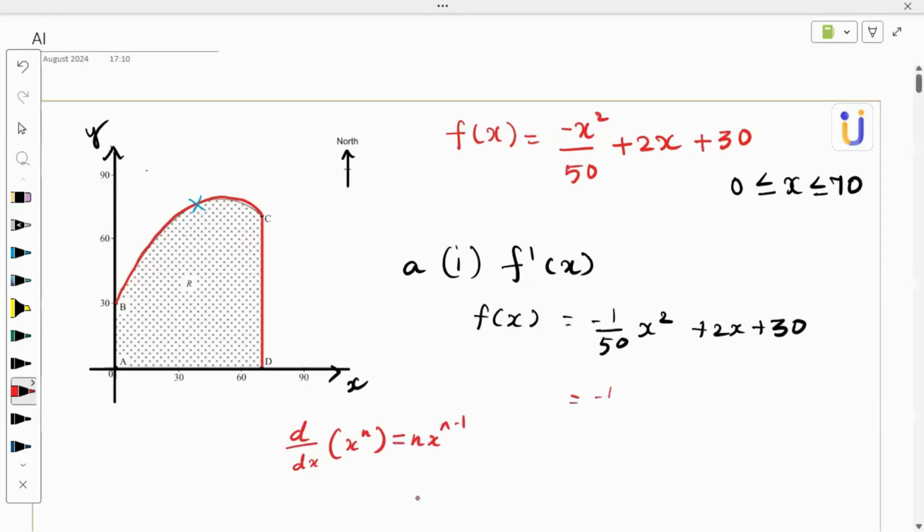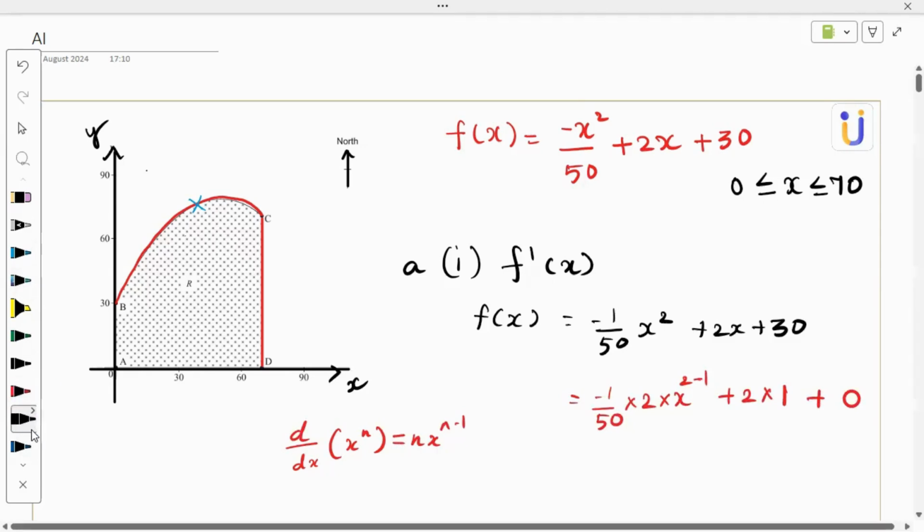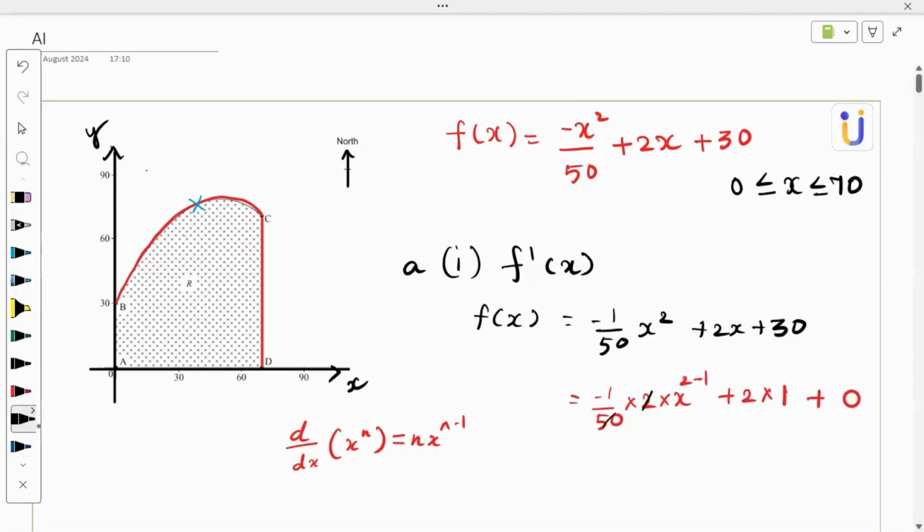So minus 1 by 50, 2 into x power 2 minus 1, plus 2 into, when you differentiate x itself, it becomes 1. Plus 30 will become 0. Any constant, if you differentiate, it will become 0. You just simplify it and get minus x by 25 plus 2. This is my f dash of x.